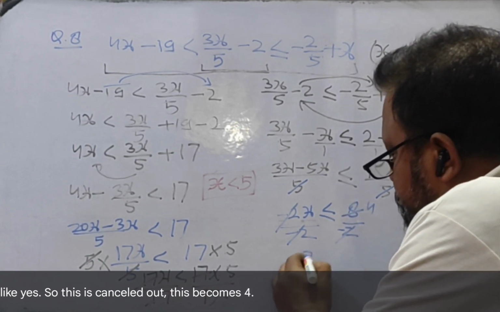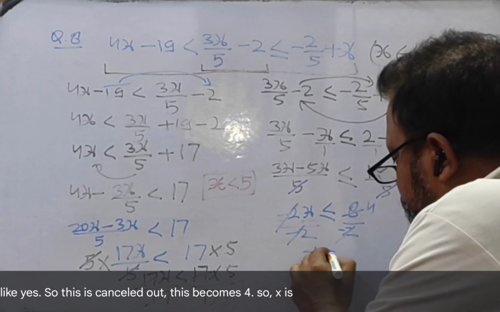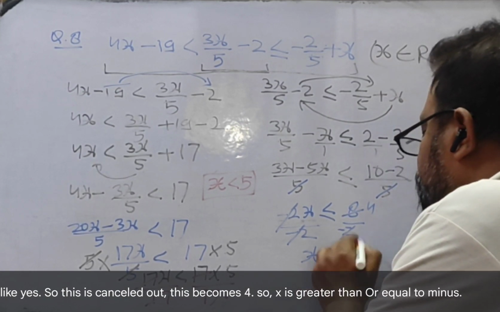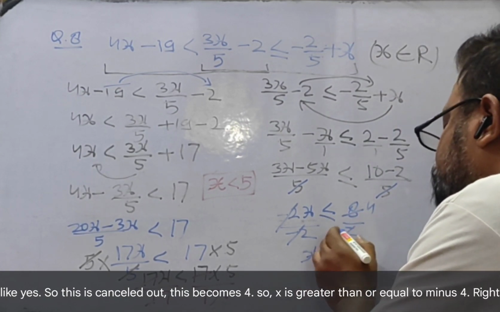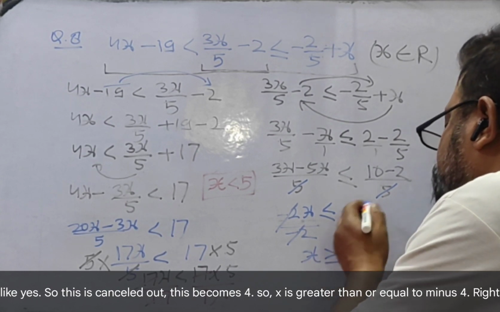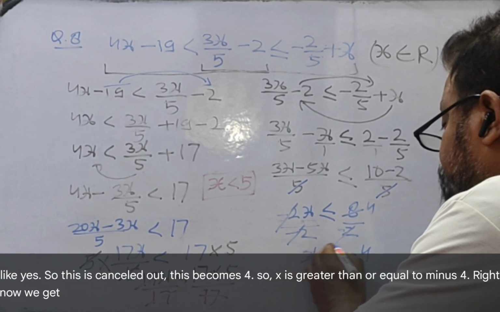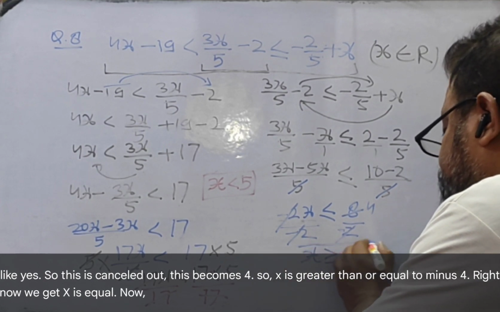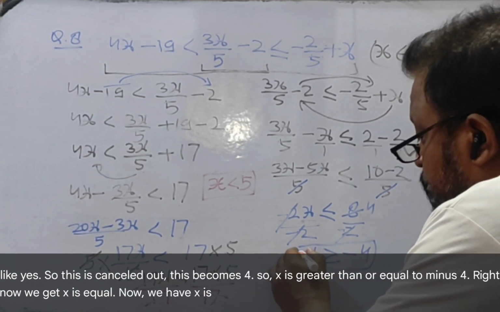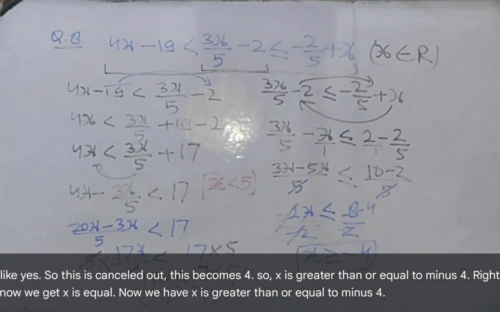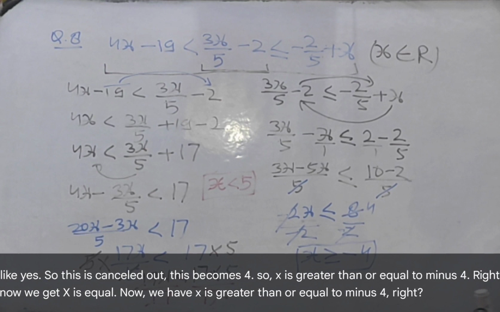So x is greater than or equal to minus 4, right? The sign flips, so now we have x is greater than or equal to minus 4, right?